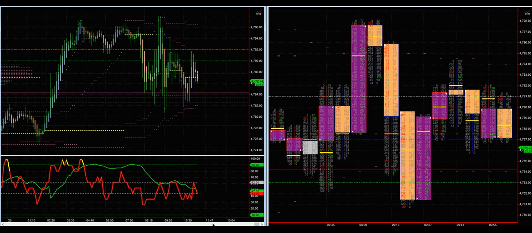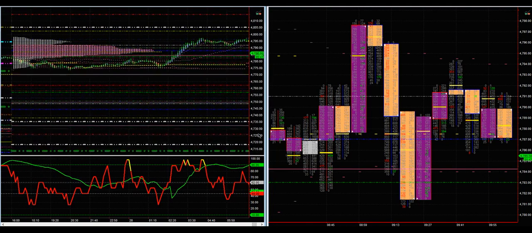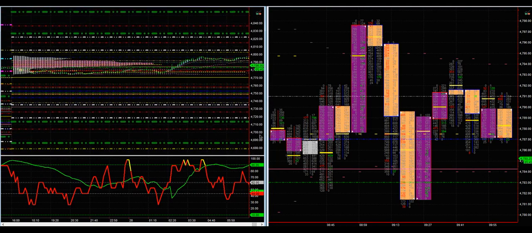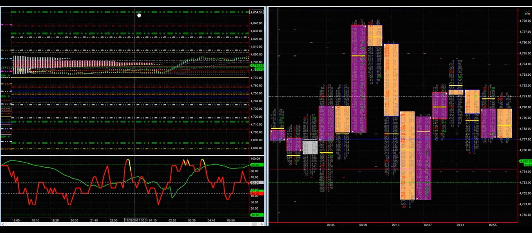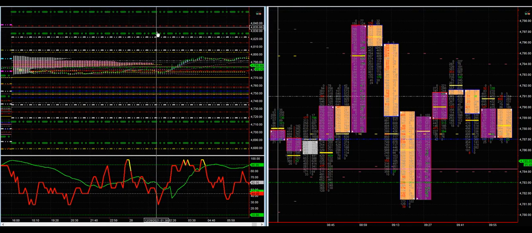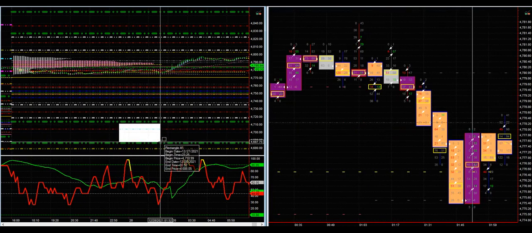First thing is the context and the projected levels. Before the market opens, you have these levels. The top thick green levels are the projected ranges coming from yesterday's market profile, and the same thing is happening at the bottom right here.